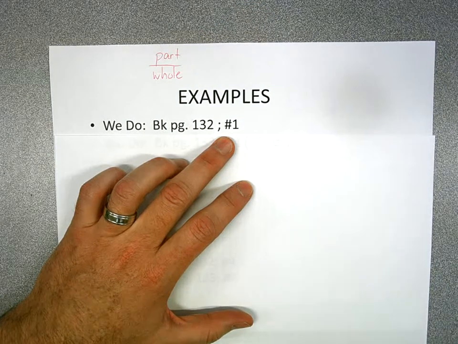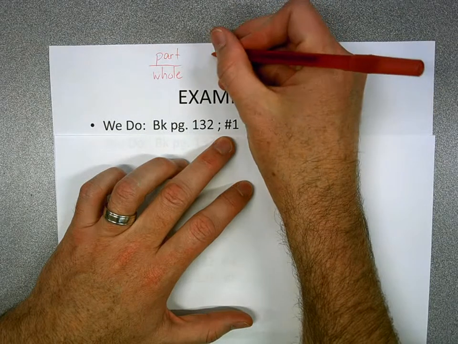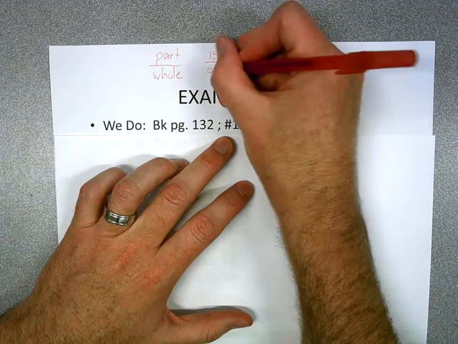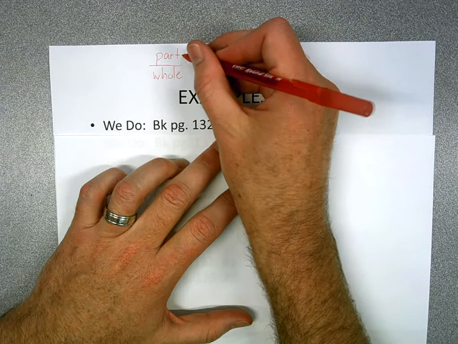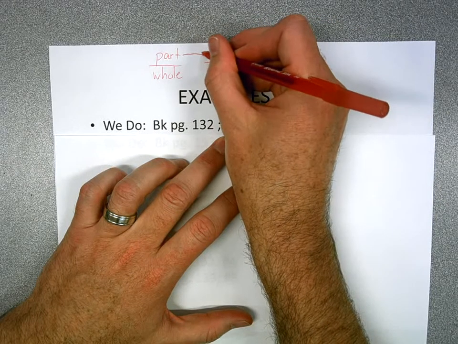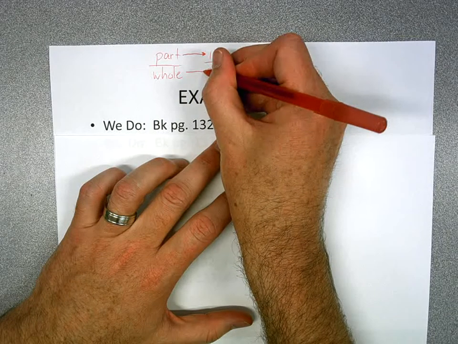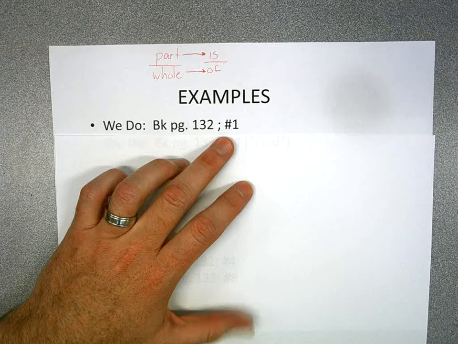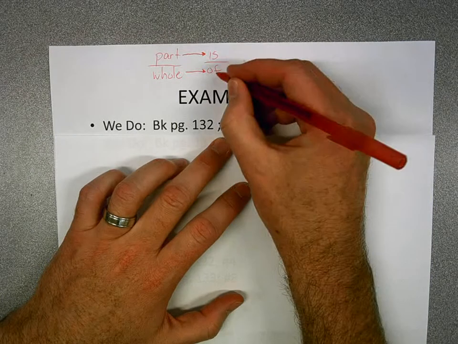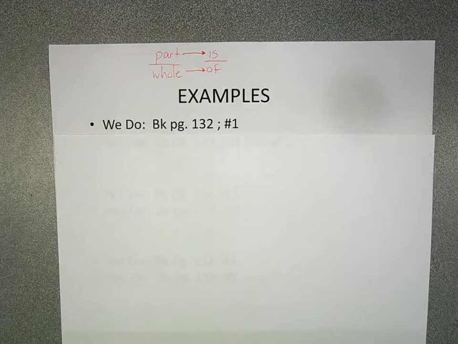And then I gave you some key words: is over of equals percent over 100. So remember that the keyword for the part in a phrase like this is the word is, and the keyword for the whole is of. It will show you where the whole is. Those are just some easier keywords when there's a simple problem like this with just a written out phrase or question.